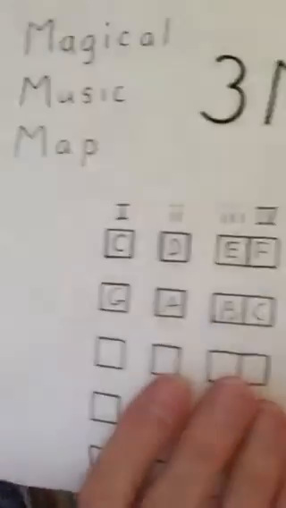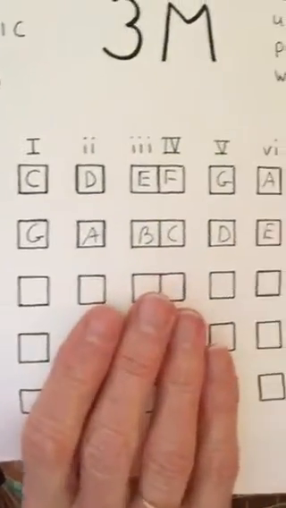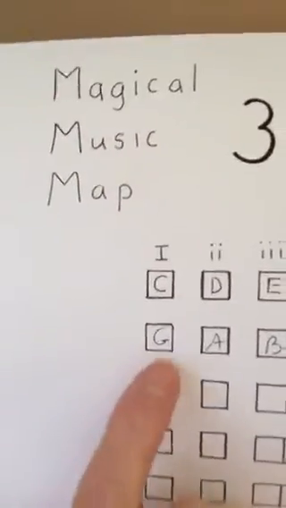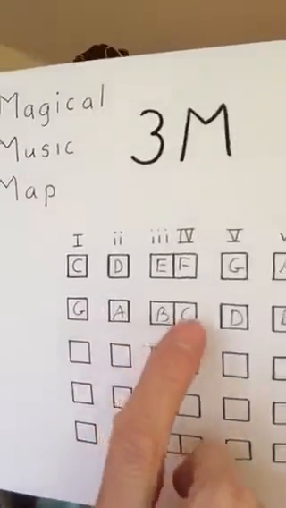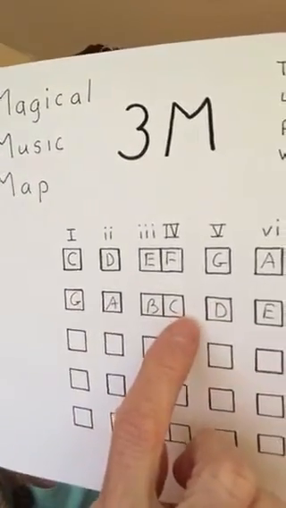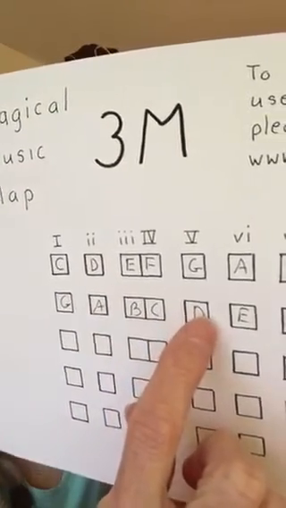So you're going to have G, A, B, C, D, E, F sharp, and G. So the same scale that you had on your key of G paper, you're going to have right here on the next row. So notice that in the key of G, G is your 1 chord. In the key of G, C is your 4 chord, and D is your 5 chord.